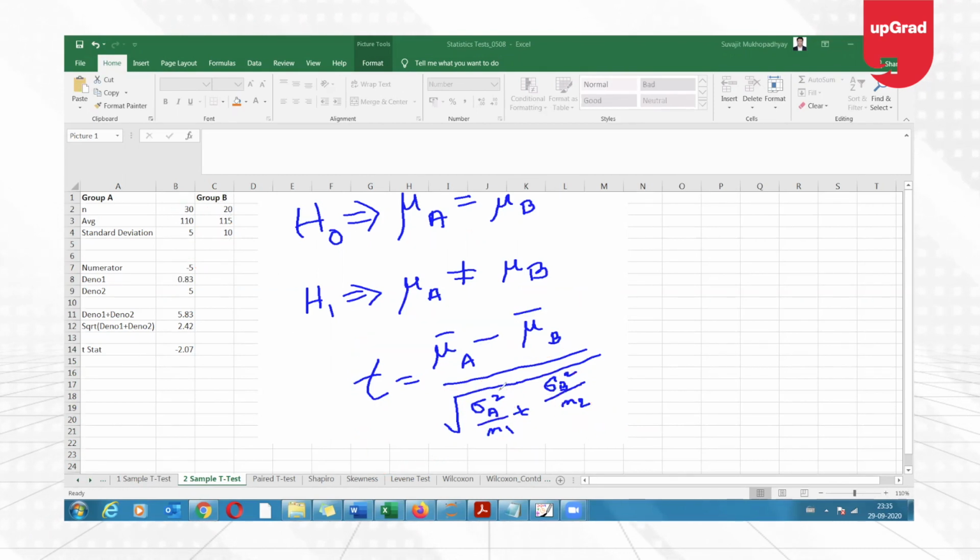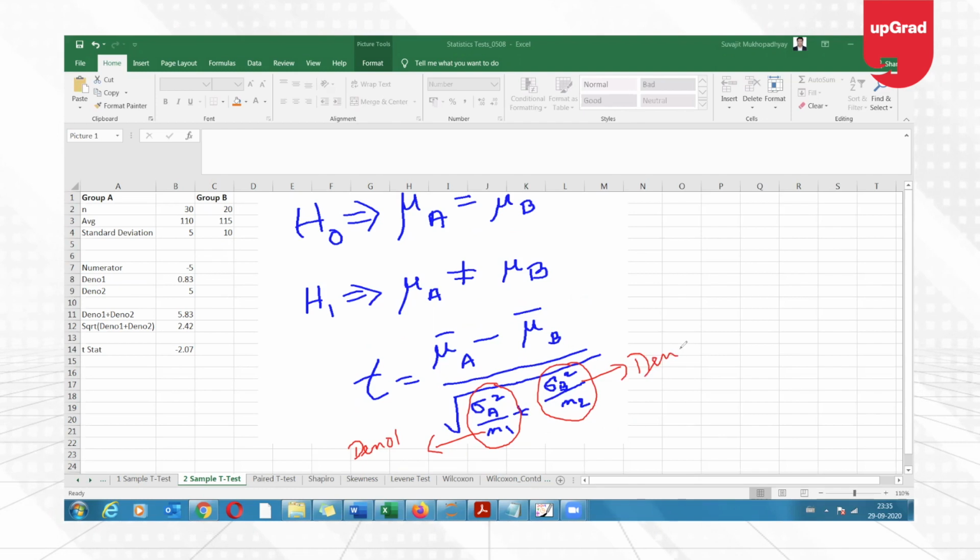Then denominator 1 is this part. This is deno 1. This is deno 2. Then I'll add them, and then I take the square root. So I've done it step by step. This is the numerator.